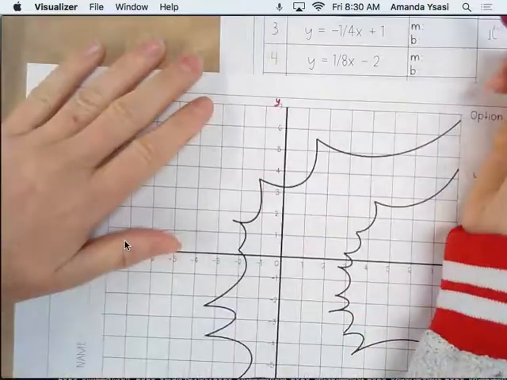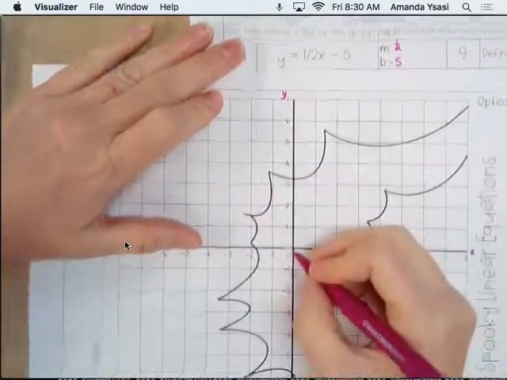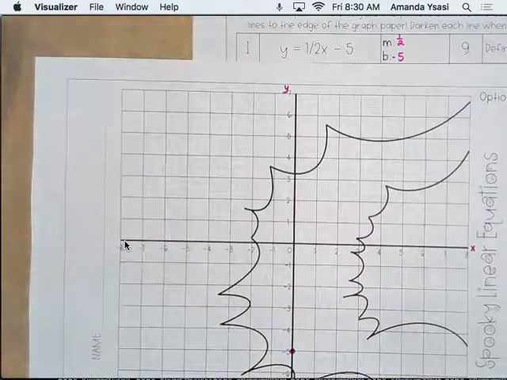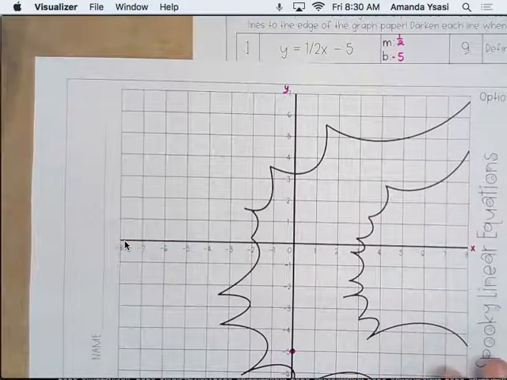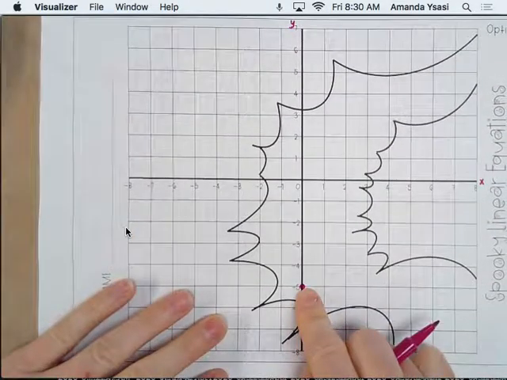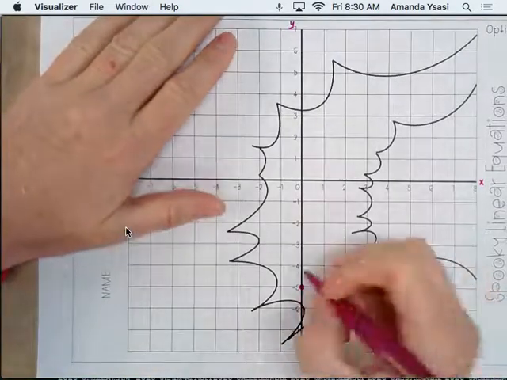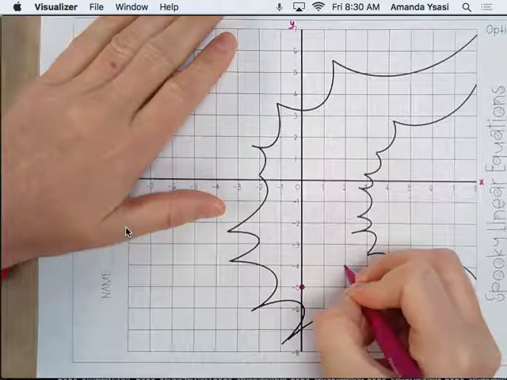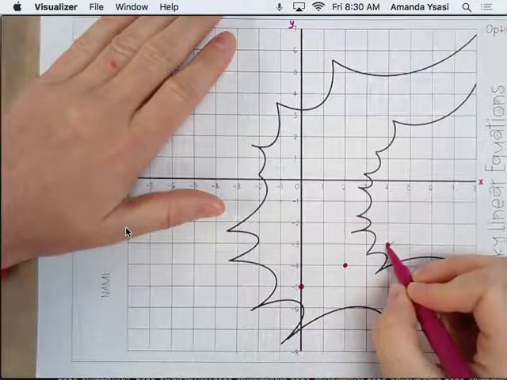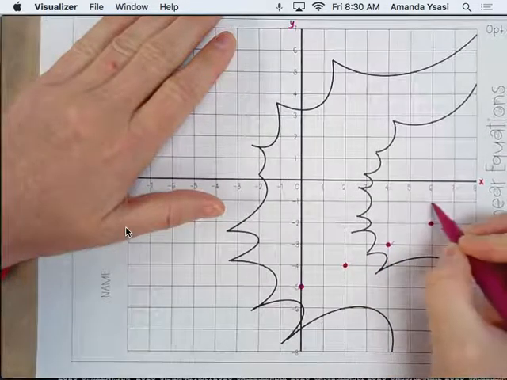So on our first one, our B is -5. So we're going to go down to -5 and put a point, because that's our y-intercept. And then our M is rise over run. Rise 1, run 2. Rise 1, run 2.